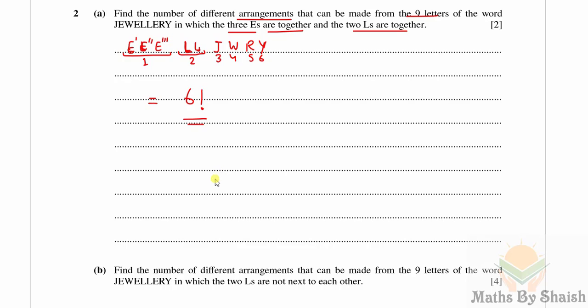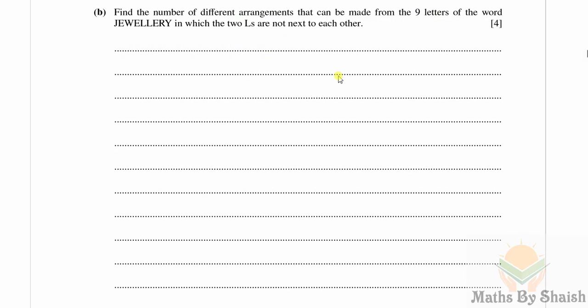Let's do the B part. B part is to find the number of different arrangements that can be made from the 9 letters of the word jewelry, in which the 2 L's are not next to each other. So if we find the total number of different arrangements, and then subtract the number of arrangements where the 2 L's are coming together.